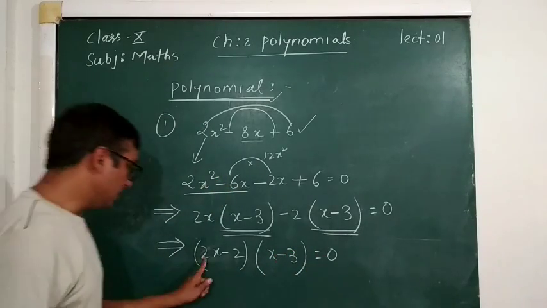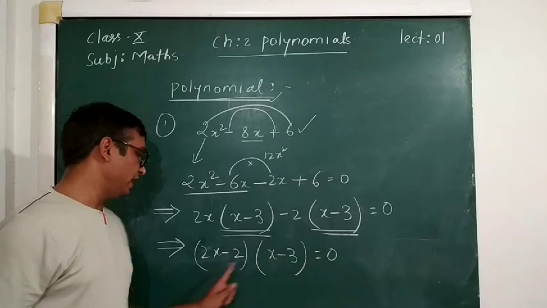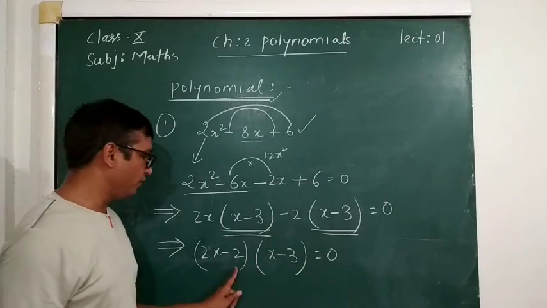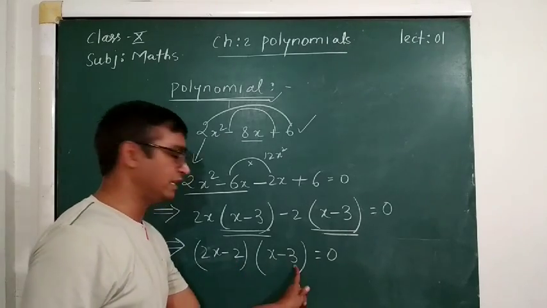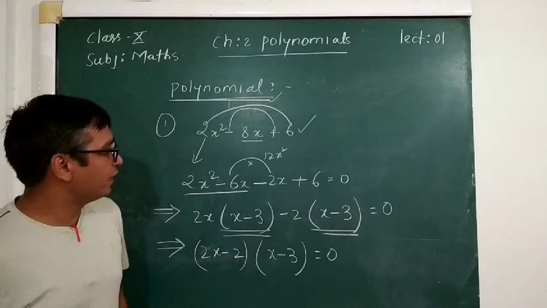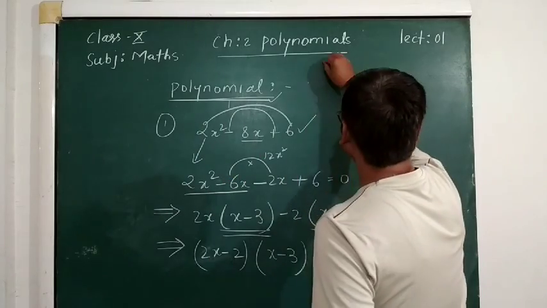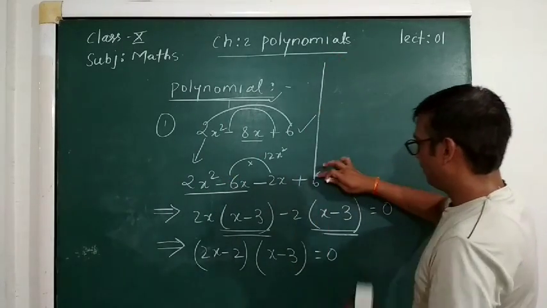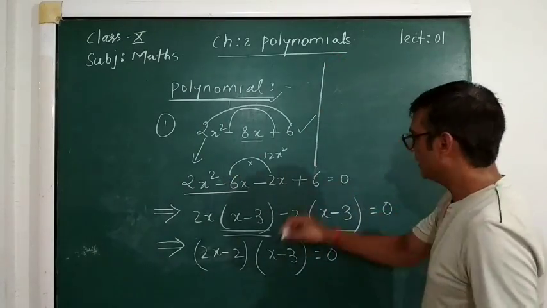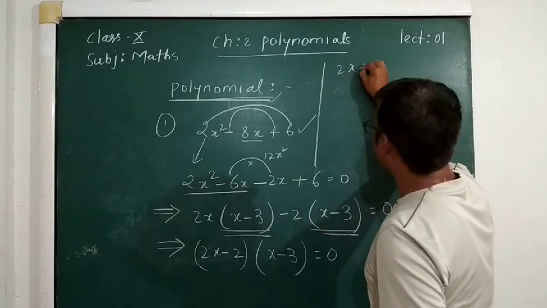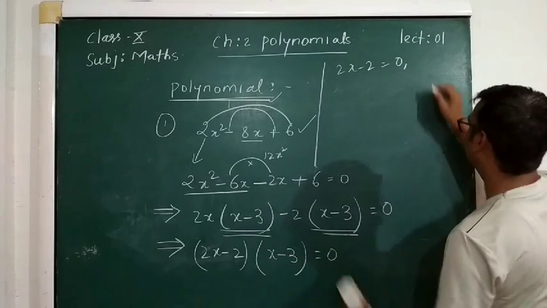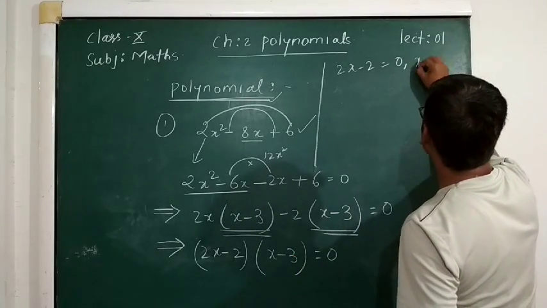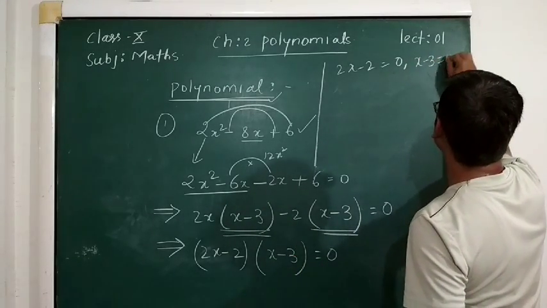Now this will be equal to 0 if we take equal to 0 once this term and once this term. So what we will get over here? We will get 2x minus 2 is equal to 0, and once we will take x minus 3 is equal to 0.